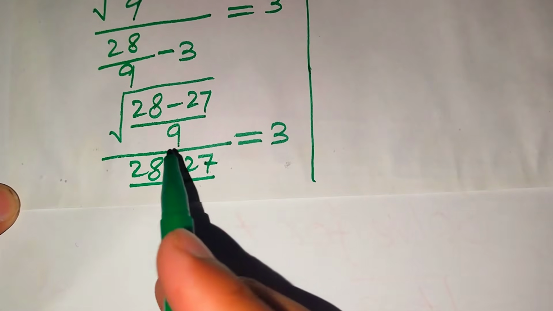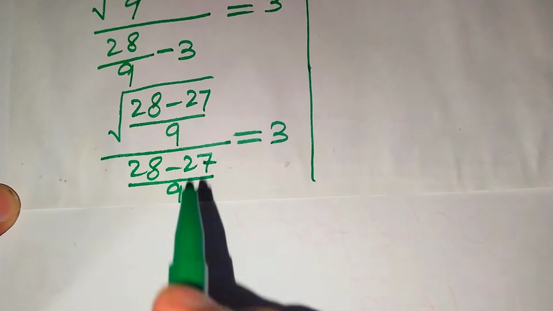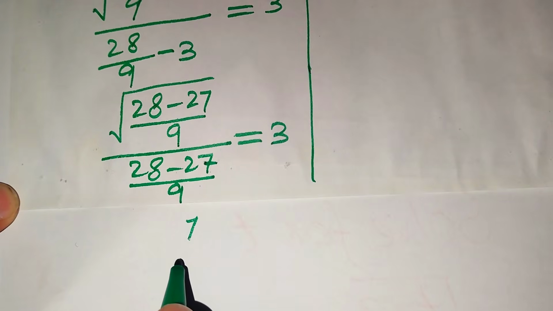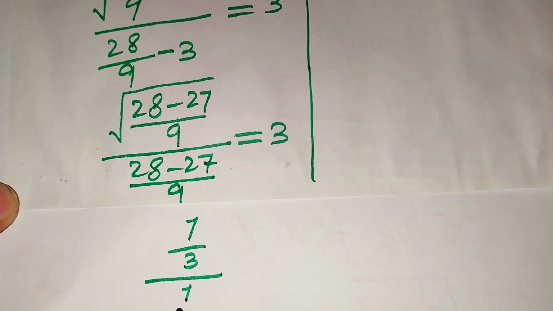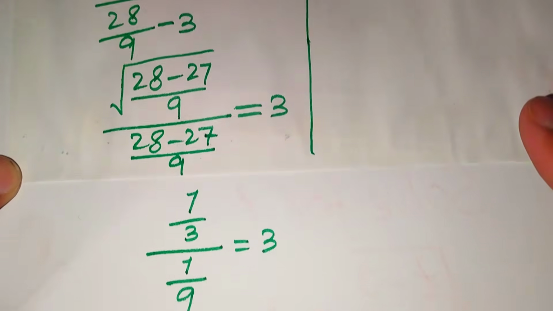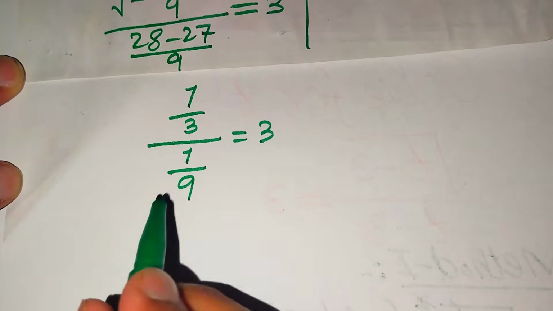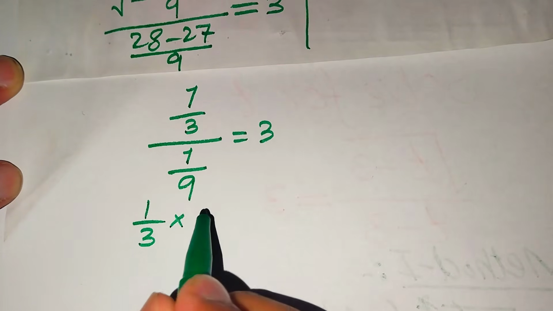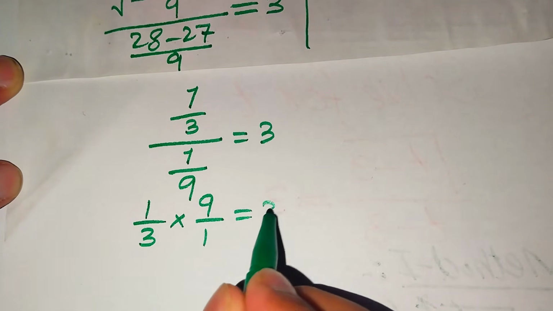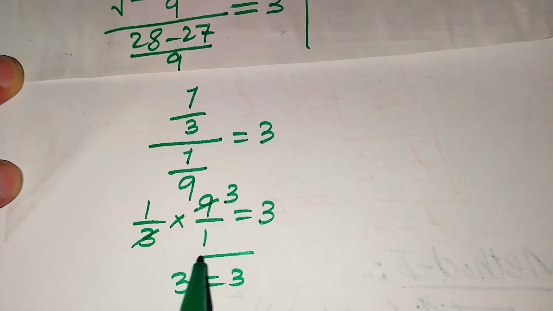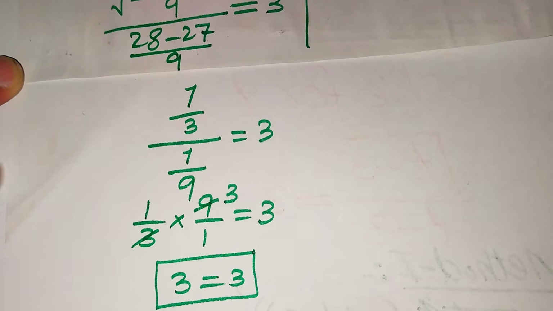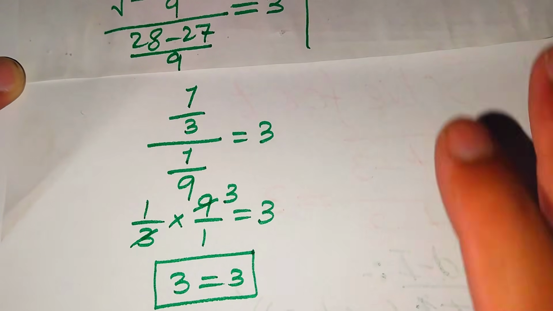So in the next step we have 28 minus 27 becomes 1, and the square root of 9 becomes 3, divided by 28 minus 27 which also becomes 9, and it is divided by 9, equals 3. And further here we move this value to the upside, and it will be written as 1 over 3 multiplied by 9 over 1 equals 3. So 3 times 3 becomes 9, and we easily get 3 equals 3. This shows that both of the sides are equal. It means that the value t equals 28 over 9 satisfies our given question statement.